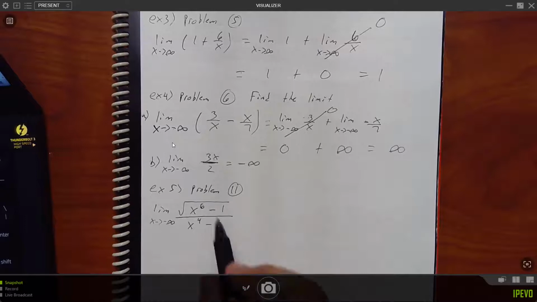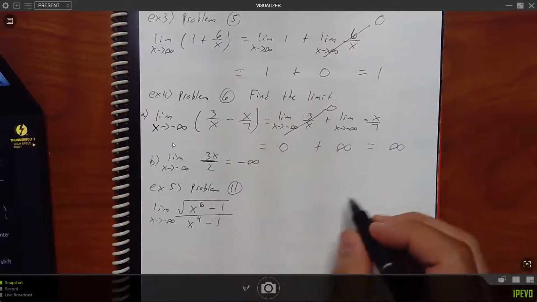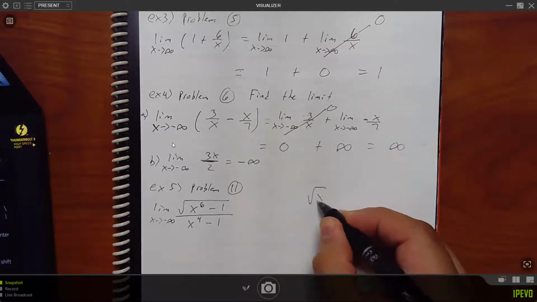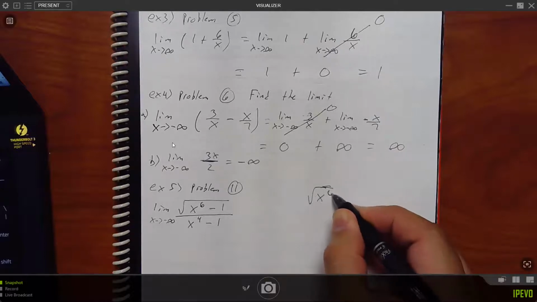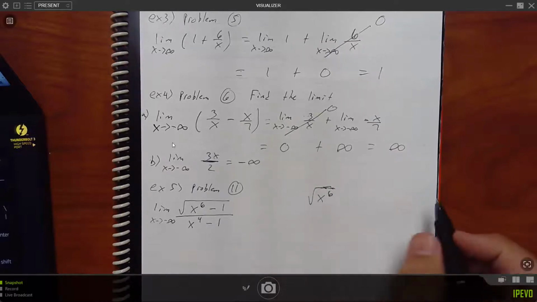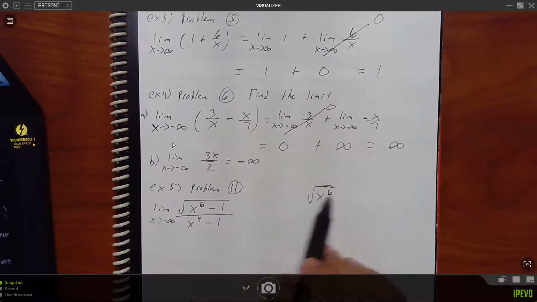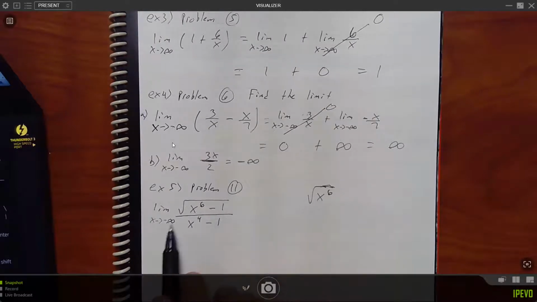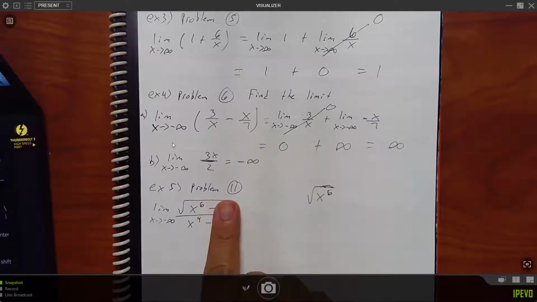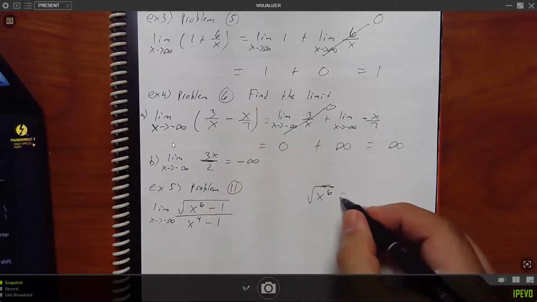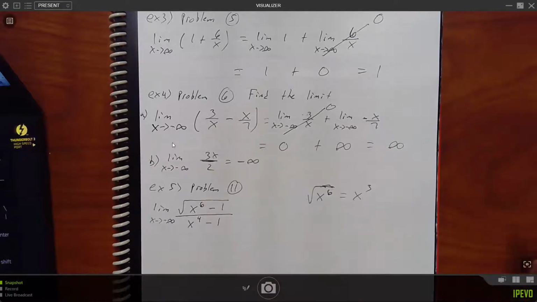So what I want you to think about is that this square root, I know this is improper, because the only reason we're able to think about this is because we're dealing with infinity. So ignore the ones and realize that this is more of an x cubed, right? See what I'm saying? So that means that the bottom is actually bigger.